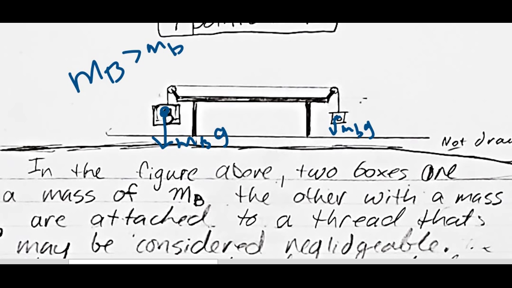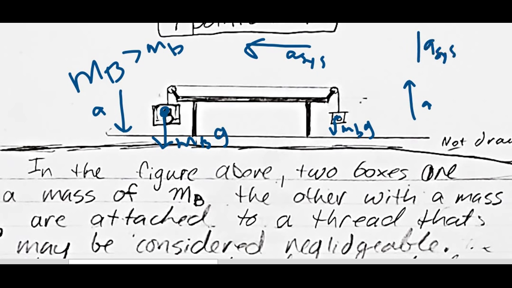And since they're tied together, we know that the system's probably accelerating this way. I mean, this part of the system is going up, and then this part would be going down, but the magnitude of the acceleration of the system would be constant. You don't have to write all that.